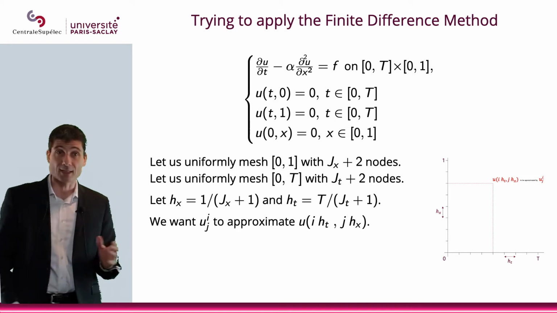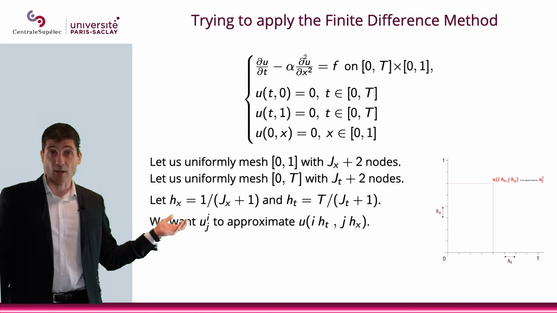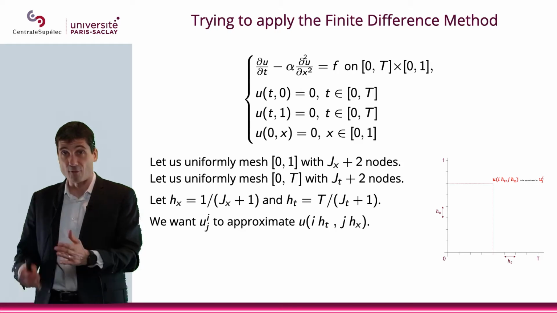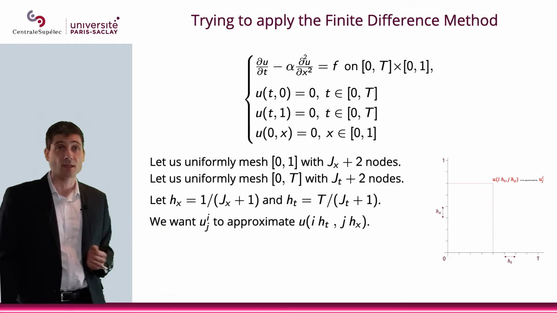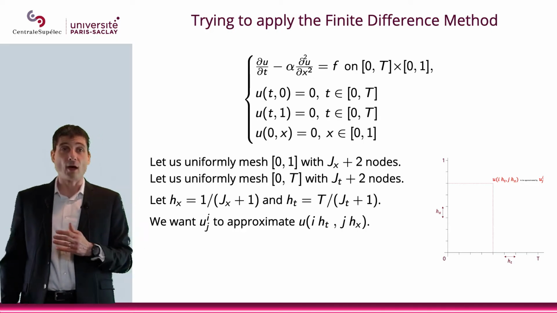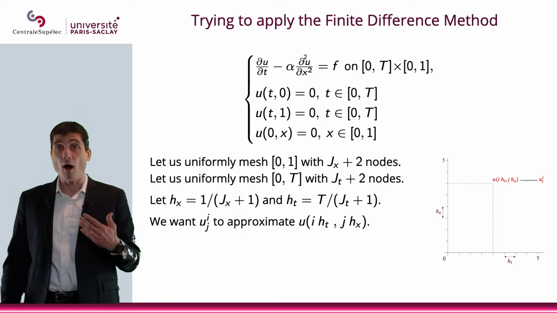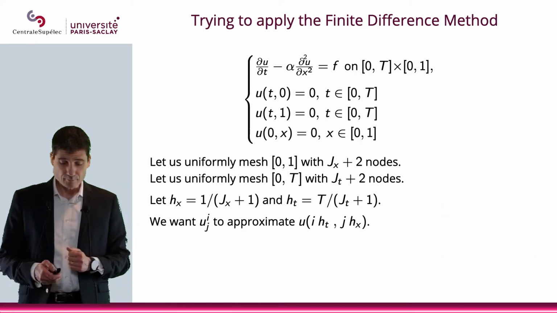So that's why we did this. So you see u_j^i, i is a superscript. It really will be the discretization of the time interval, while j is a subscript, an index if you prefer, and that will denote the subdivision on the space interval.